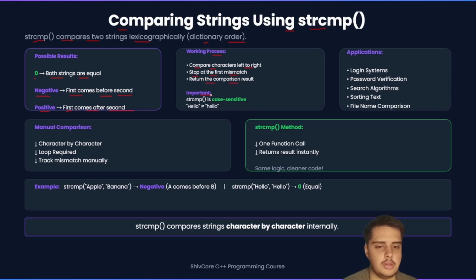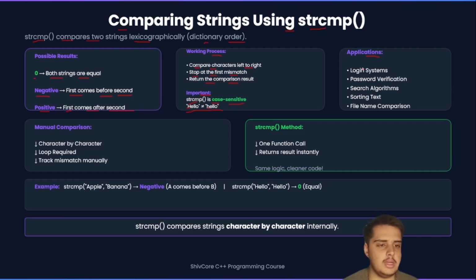An important thing is that strcmp is case sensitive. Here H is capital and here h is small, so they won't be equal. It compares and says they are not equal.